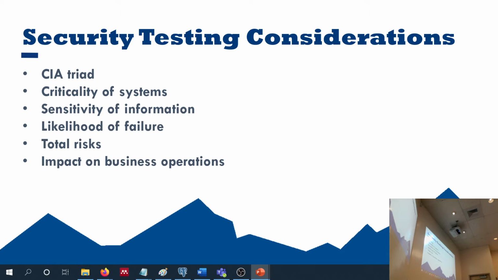If we're a for-profit company, what does that mean? It generates revenue, exactly right. For a nonprofit organization, what defines the criticality of that?